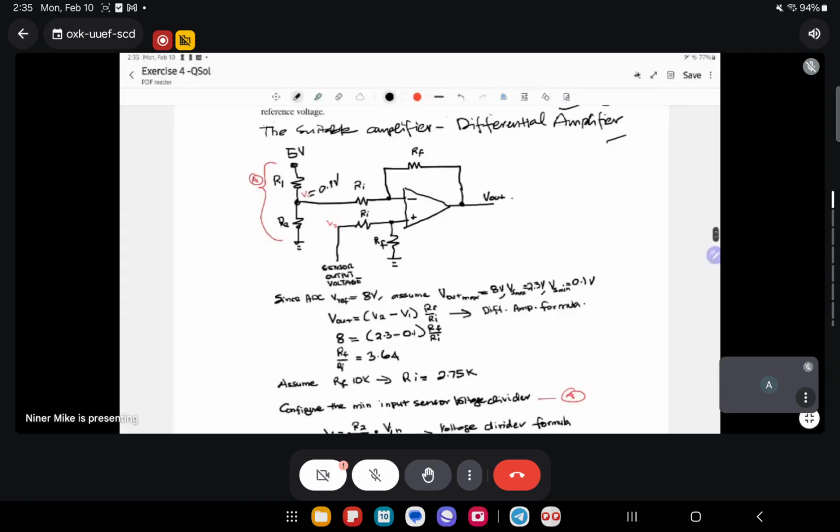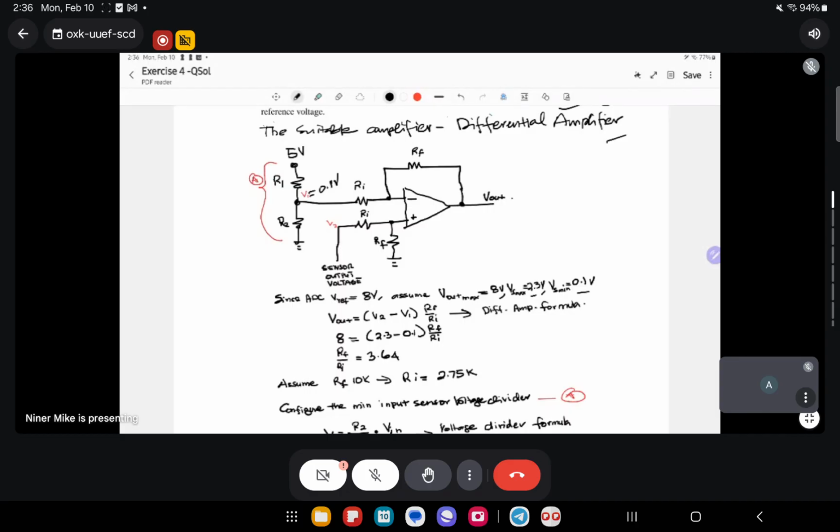Since the ADC ref is 8 volt, assume that Vmax is 8 volt. The sensor maximum is 2.3, and the signal minimum of the sensor is 0.1.